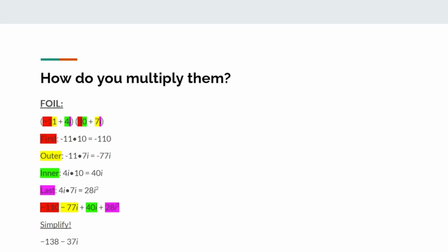The first set of parentheses would give you 4i, and the second set would give you 7i, and that gives you 28i squared. And next, put all of them together and simplify it down, and you get your final answer, which in this case would be -138 minus 37i.